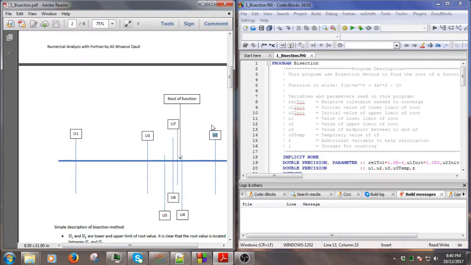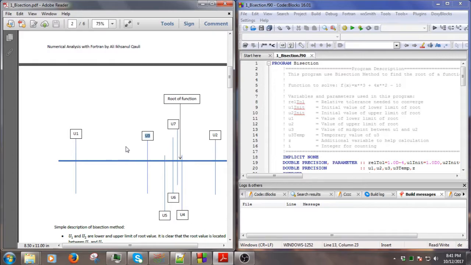and the bisection is simply to check the location of the real root of the function, in this case the root of the function here, the black line. So the first step is to divide the region into half. So we have u3 as the midpoint between u1 and u2, and after that we do some calculation to find out in which region we need to do the calculation.